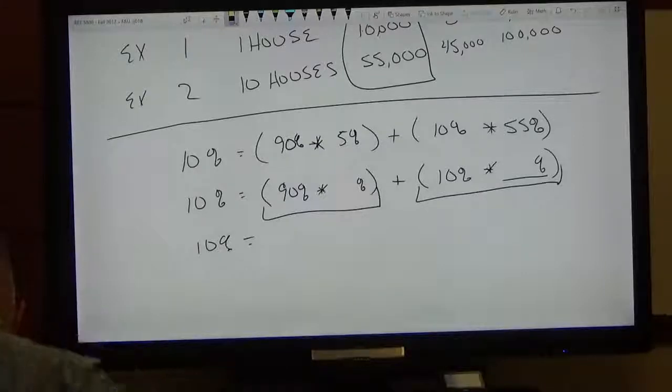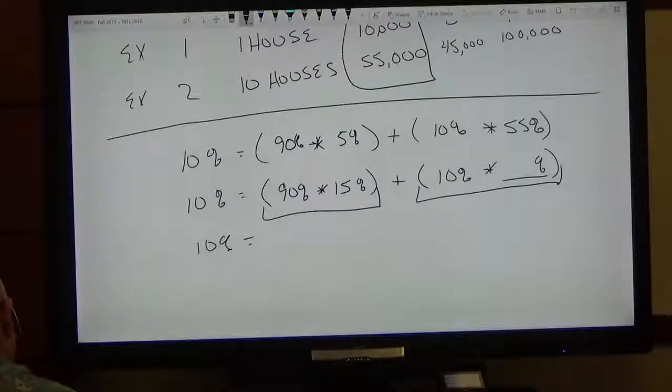Now let's change this up a little bit. What if things go sideways and all of a sudden interest rates change? Let's say they go up to 15%. Originally they were 5%, then we raised them to 10%, now we're going whole hog to 15%.